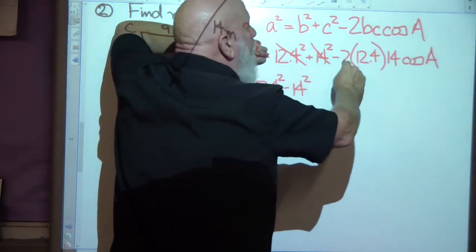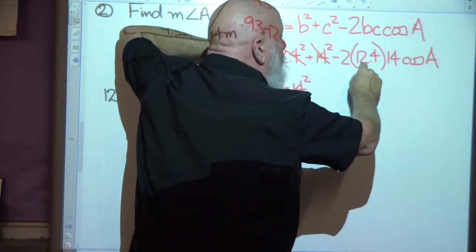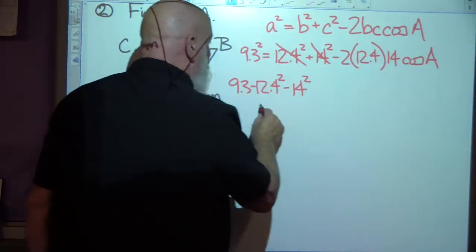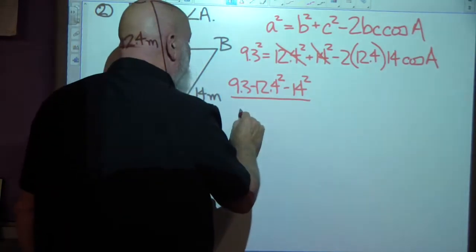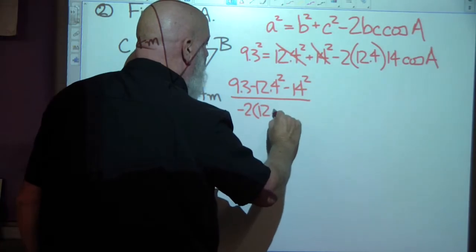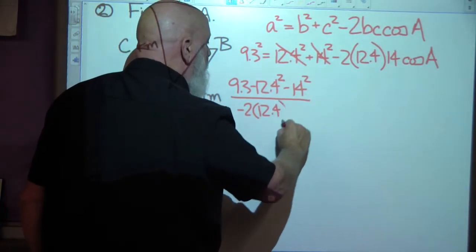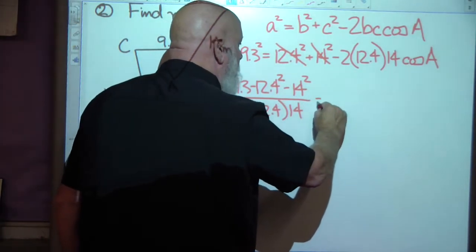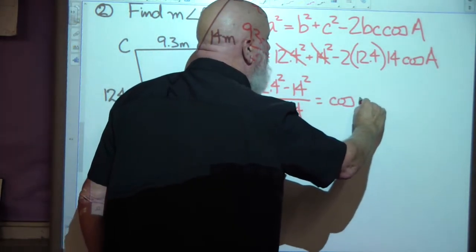And then I'm going to divide both sides by negative 2 times 12.4 times 14. That will isolate cosine A. So I'm going to divide by negative 2 times 12.4 times 14. And this will equal the cosine of A.